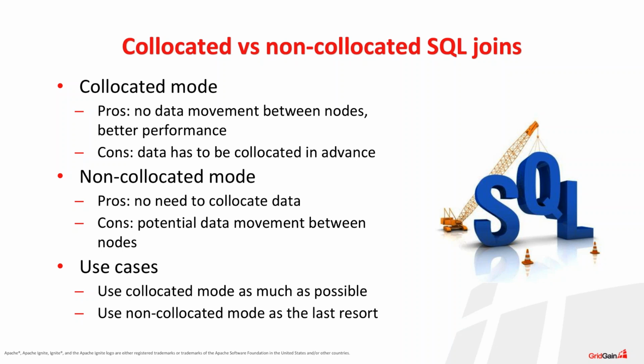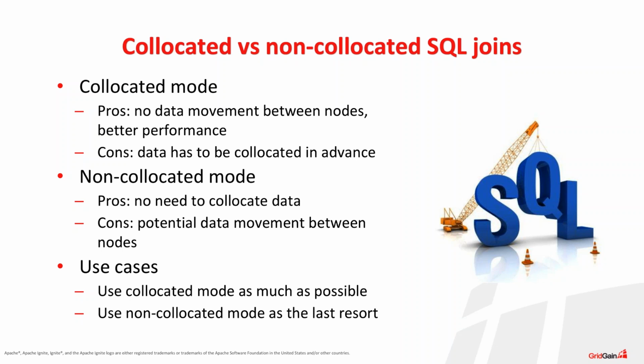Ignite actually does support both collocated and non-collocated modes for joins, so you don't have to collocate to get a correct result, but from a performance standpoint, you should always try to collocate as much as possible, and use non-collocated mode only as a last resort.